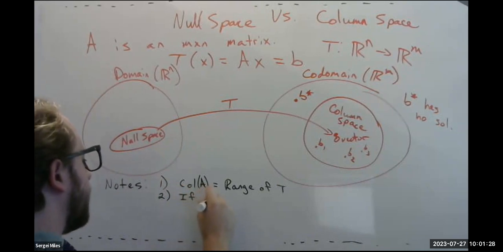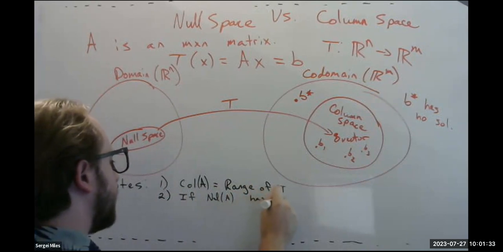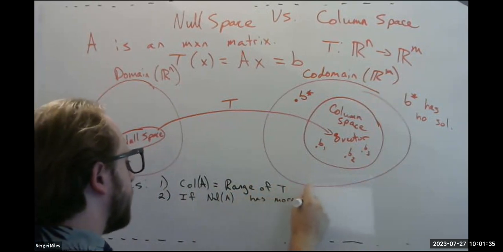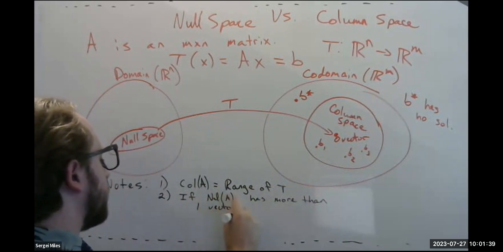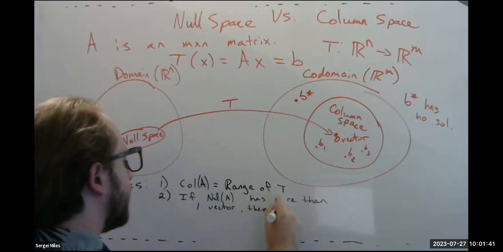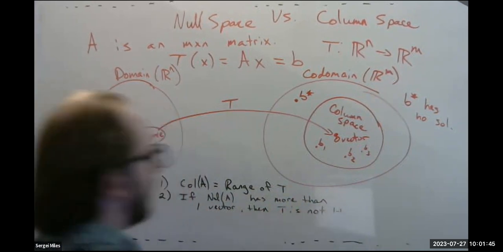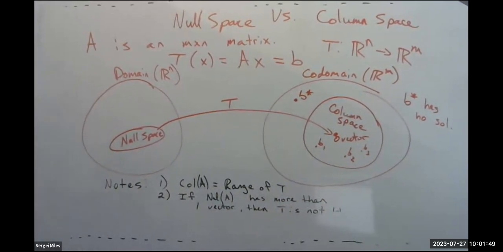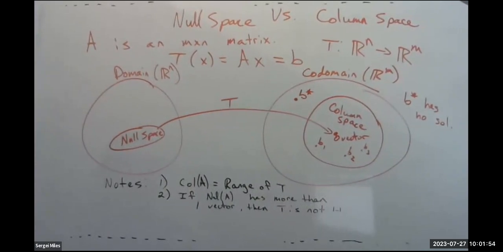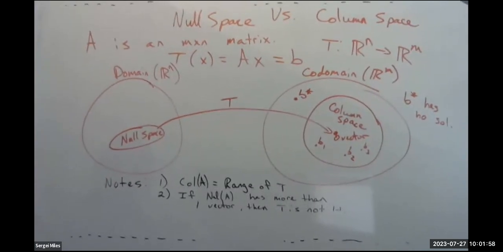Two, if the null space has more than one vector, then T is not one-to-one. Okay, well, what does that mean? Well, remember, one-to-one is this notion of for any possible output, we only have one x that maps to it, right?